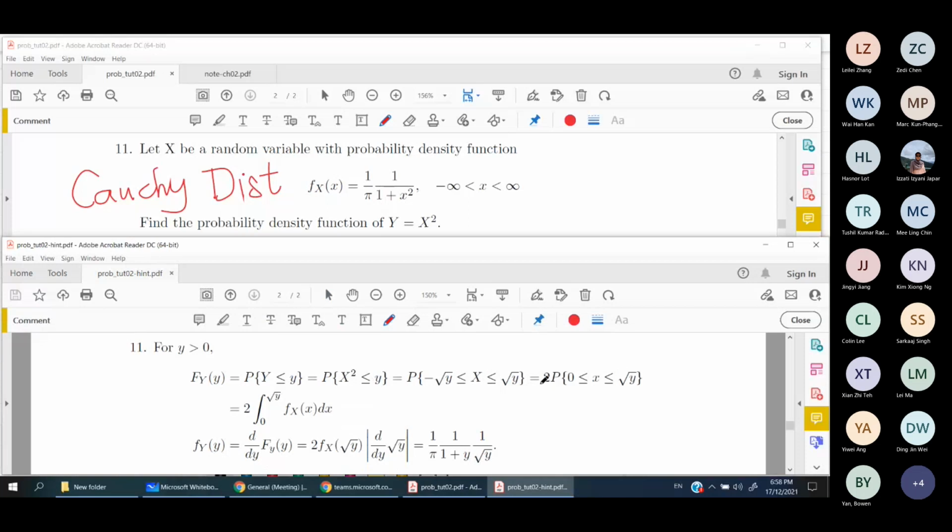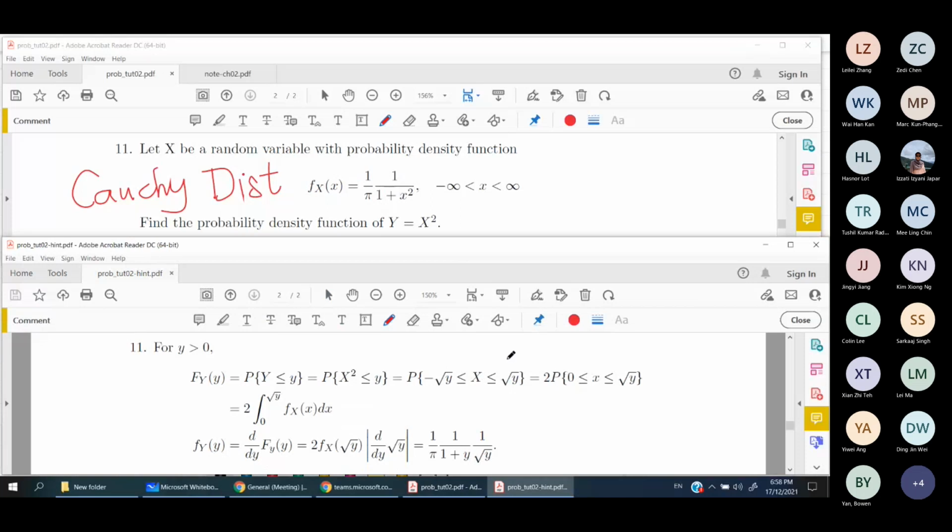Next, it depends on whether you want to consider half of it or the whole, because this function is symmetric with respect to the y-axis, so both sides look the same. That's why you can just consider from 0 to square root of y and then multiply by 2.